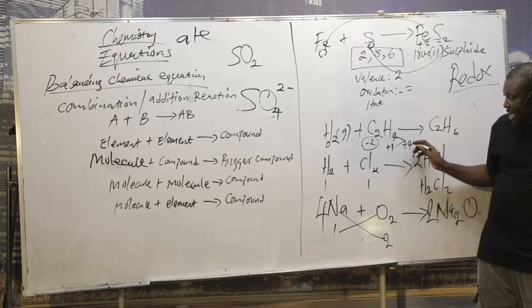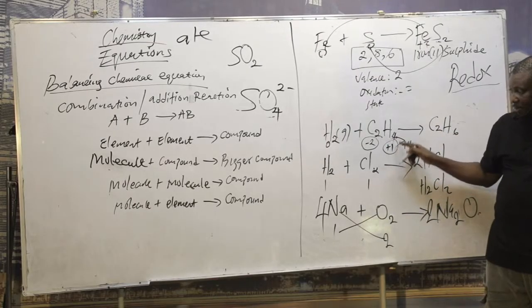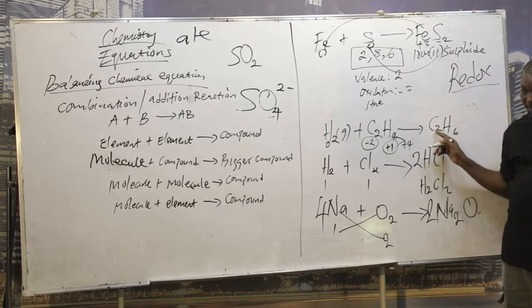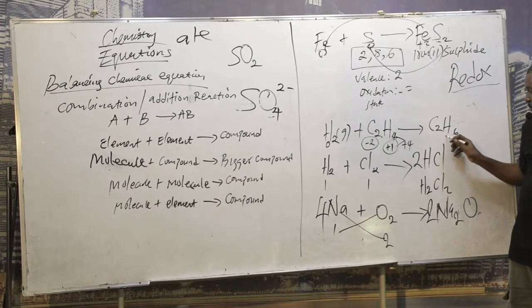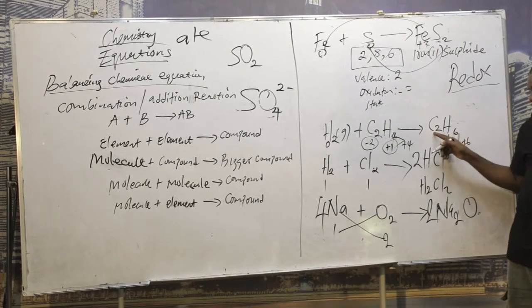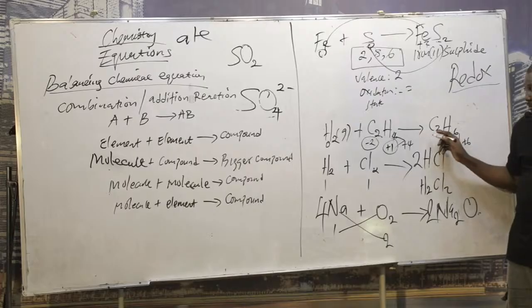Why is H here plus 1? But later I multiply. Well, let's see what carbon is here. What is H here? Plus 1. Multiply by 6. What do you have here? Plus 6. Then what should be here? Minus 3. Carbon here is -3.